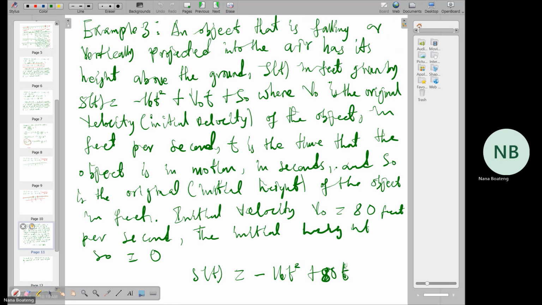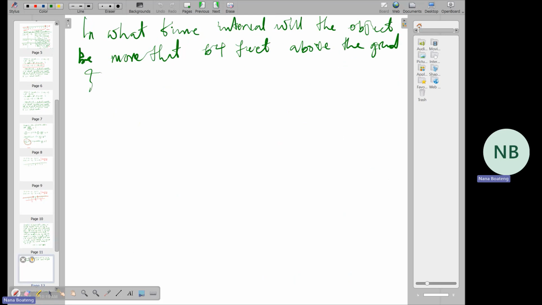Okay. So we have our distance function s(t) is equal to negative 16t squared plus 80t, and we want to find the time at which the distance is above 64 feet.